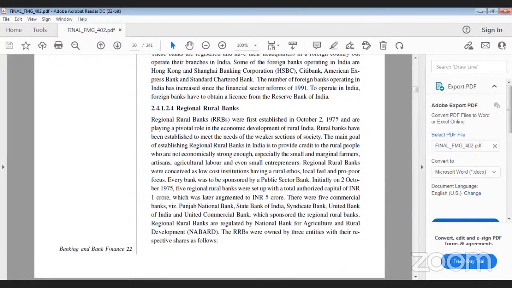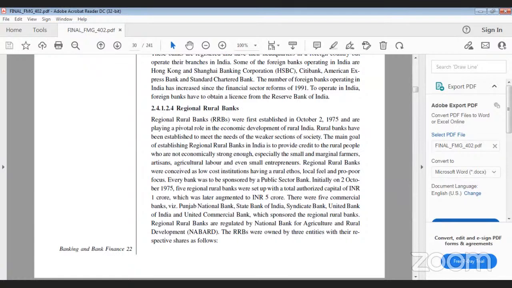The main goal of establishing regional rural banks in India is to provide credit to rural people who are not economically strong, especially small farmers, agricultural labourers, and even small entrepreneurs.